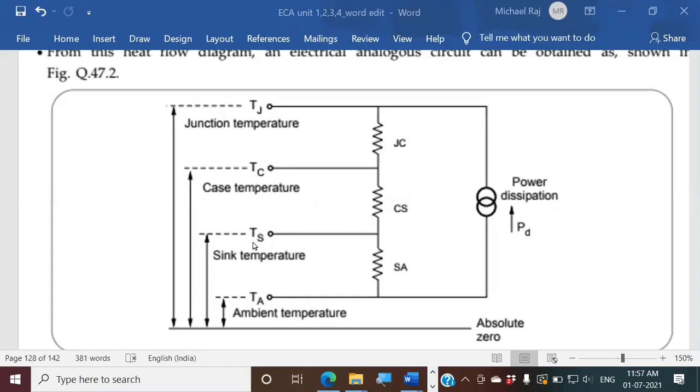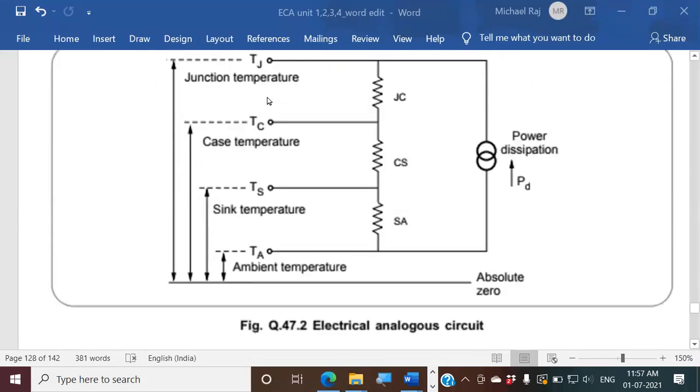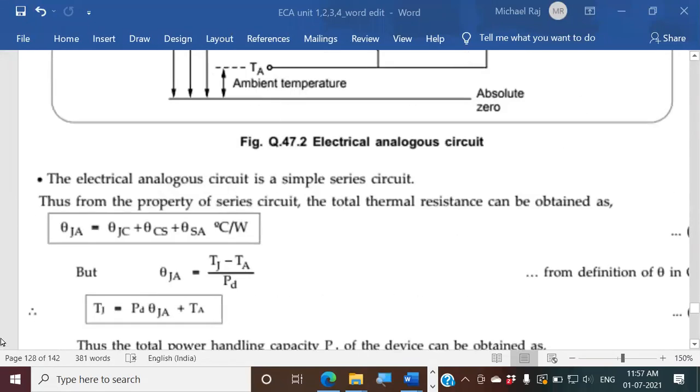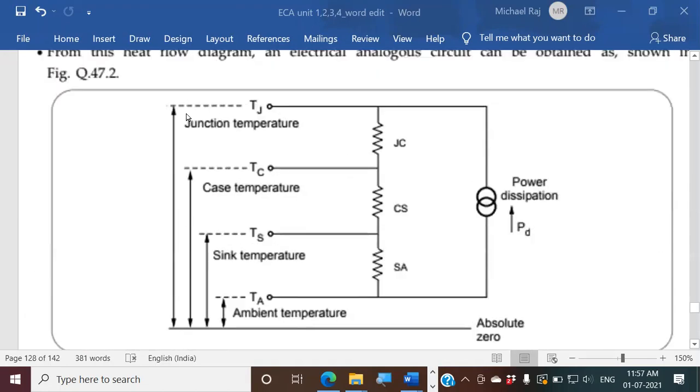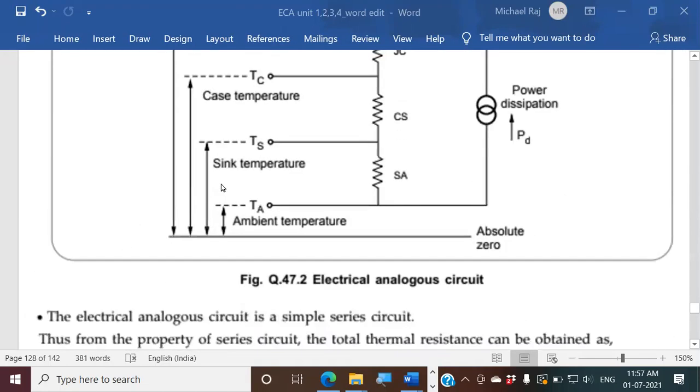We are calling this the sink temperature, then case temperature, junction temperature. So what we are actually trying to do is represent this mathematical relation in this form.